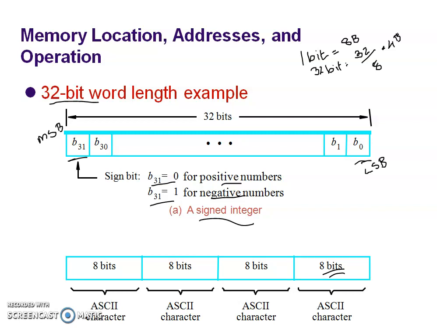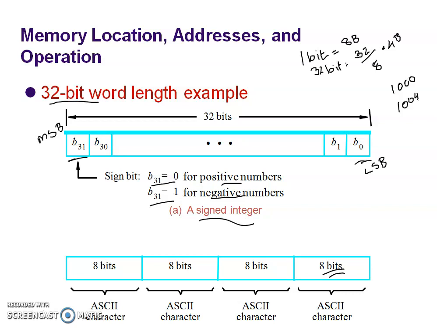So if the starting address, that is, if one word is stored at some address like 1000, then the next word will be stored at 1004.